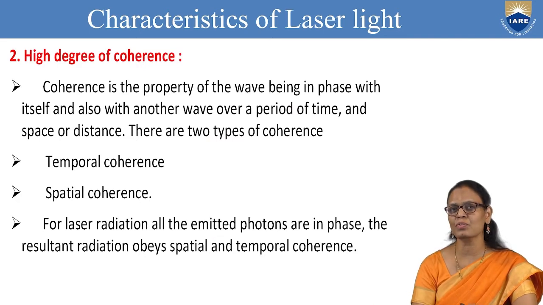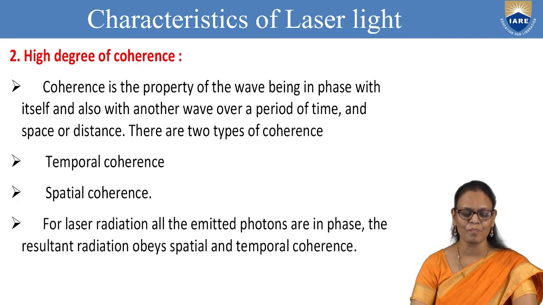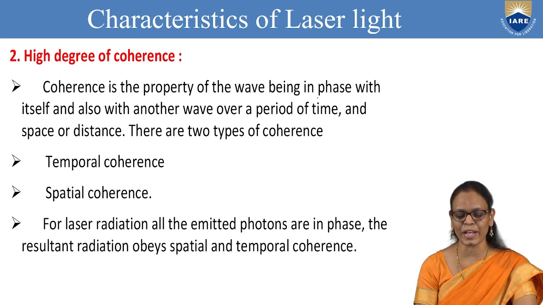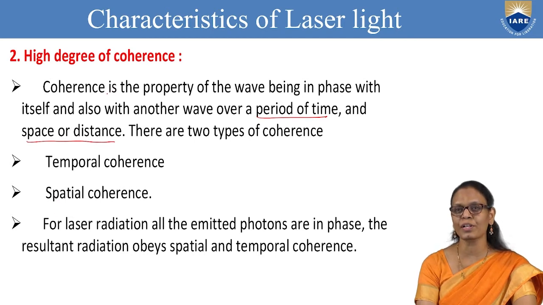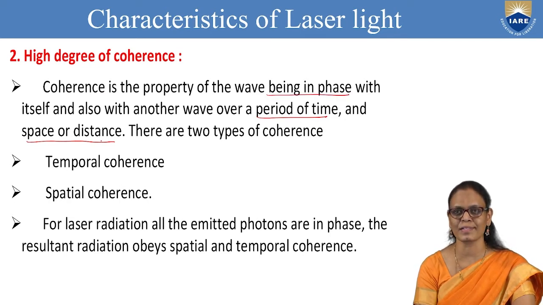Now, when it comes to the high degree of coherence, coherence is the property of the wave being in phase with itself and also with another wave over a period of time and space or distance. So whenever we are talking about coherence, it is being in phase with respect to time as well as space or distance.